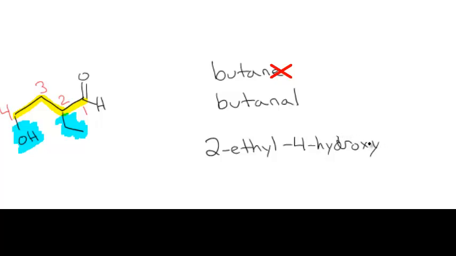And then we put our parent name right after it, butanal. So the name of this compound is 2-ethyl-4-hydroxybutanal. So let's wrap up our tutorial on naming aldehydes and ketones with two last structures.